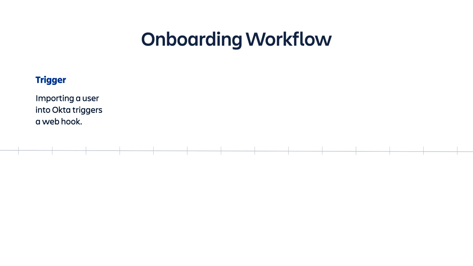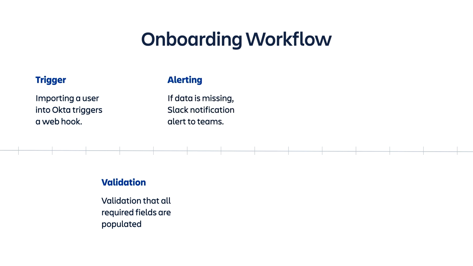That fires off, and we get a validation stage, where all of the information that just moved from Bamboo HR into Okta gets sifted through, and if there's a required field that is missing, for example a department, a manager, or a shipping address, it will send an alert to the relevant Slack channel for that team, and it'll say, hey, this field is missing, IT can't take action until you fix it, so go ahead and update it in Bamboo HR and let IT know so we can re-import the person.